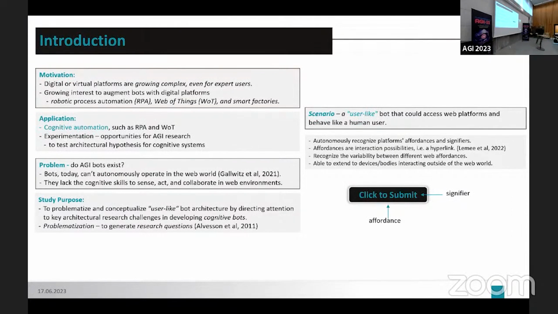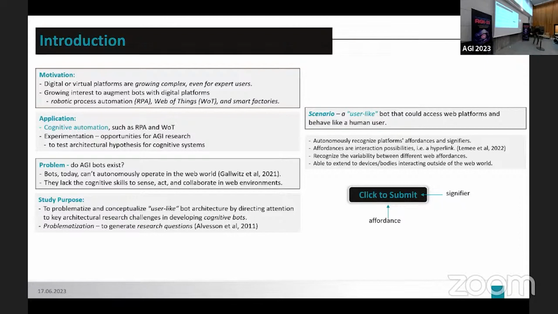The motivation is that digital platforms are growing complex these days, and there is a growing interest to augment them with bots. These bots are usually expected to be a little bit more intelligent than traditional automation. In robotic process automation, the web of things, and smart factories, we have this need for augmentation with intelligent bots.